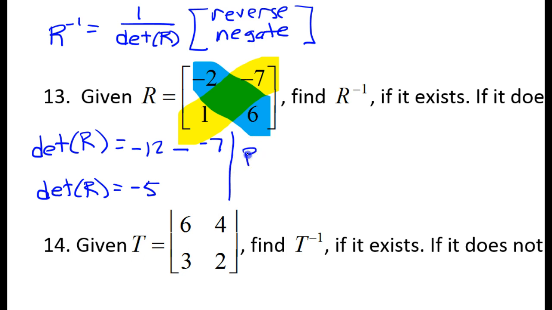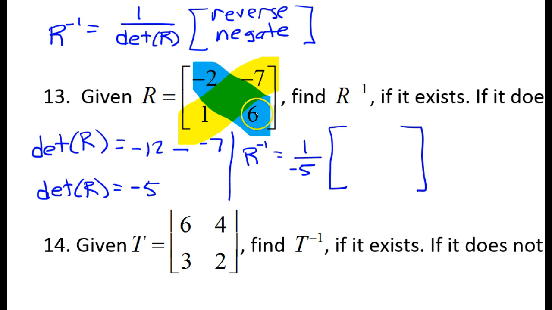So our inverse is going to equal 1 over negative 5, the reciprocal of the determinant, times the reverse negate matrix. So here's what I mean by that.